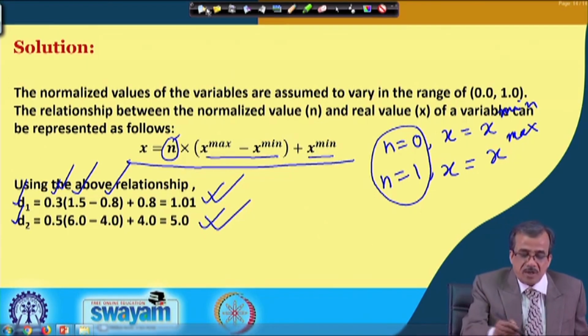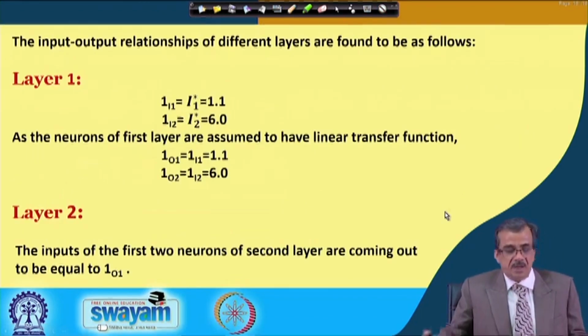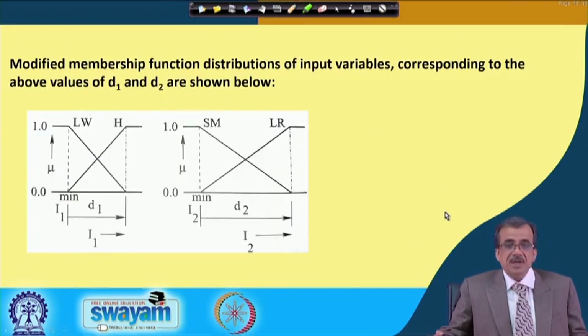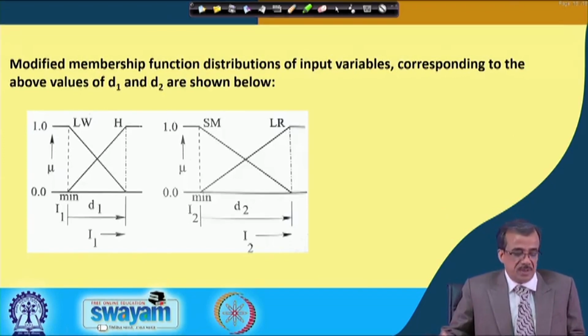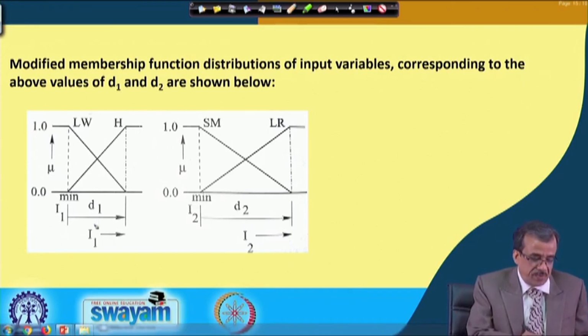Once you have got the real values for D1 and D2, we are in a position to draw the modified membership function distribution for I1 and I2.